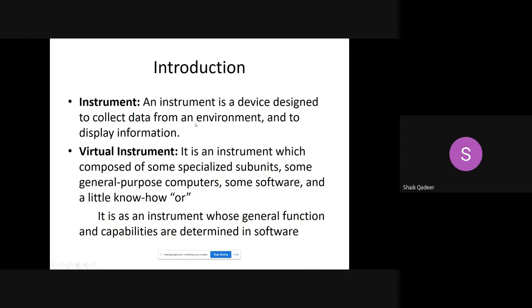Unlike our physical instrument, where general functions and capabilities are determined in hardware, right? All hardware takes care of functionalities and capabilities. But in case of virtual instrumentation, most of the capabilities and most of the functions are implemented in software. Hope it is clear to all.